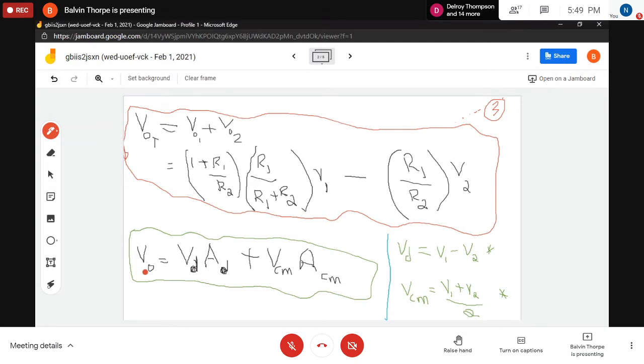And therefore, the general expression for the output voltage for all operational amplifiers is what you see here. For your purposes, you can make your note and call this equation 4, if you so choose.